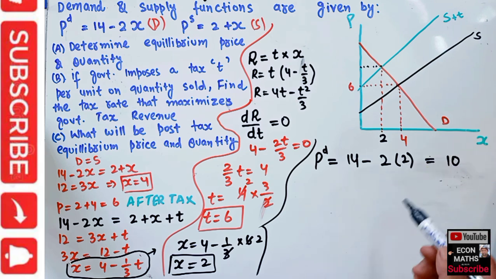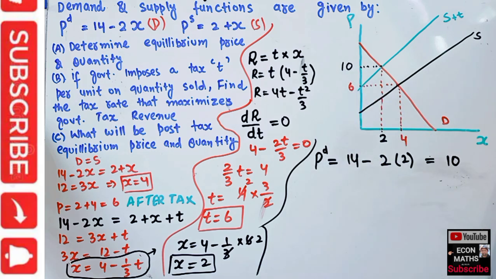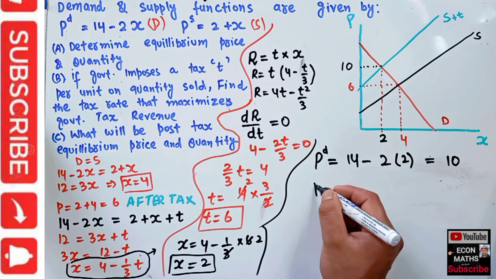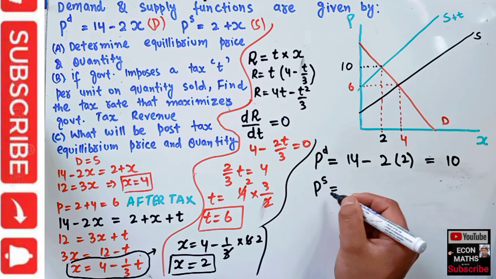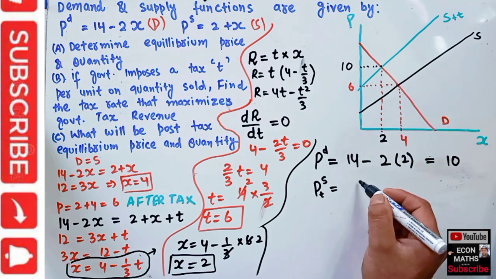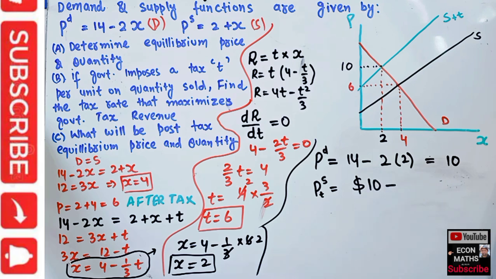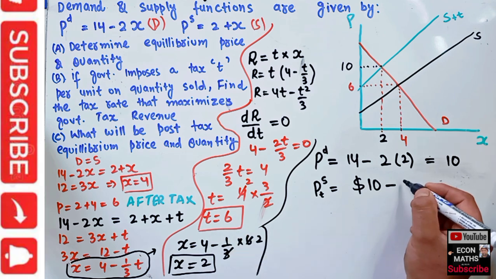That means consumers will be paying a price of $10. And what about sellers? Let us say the price sellers get after tax, PS subscript T, will be equal to the price that the buyers pay minus the tax that is to be paid to the government, that is 6.